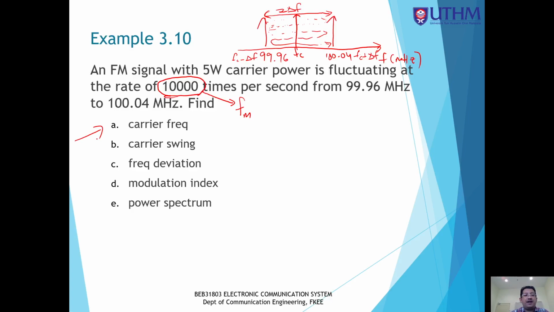The first question asks, find the carrier frequency, which is fc. So fc is the rest frequency, which is located at the center of the fluctuations.